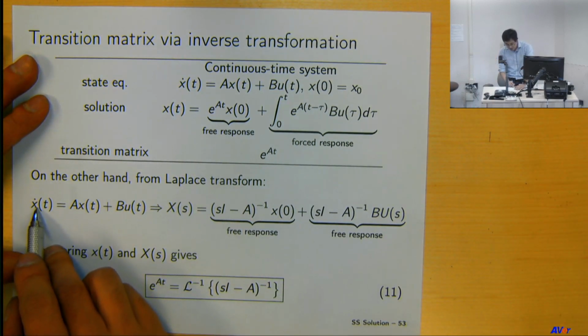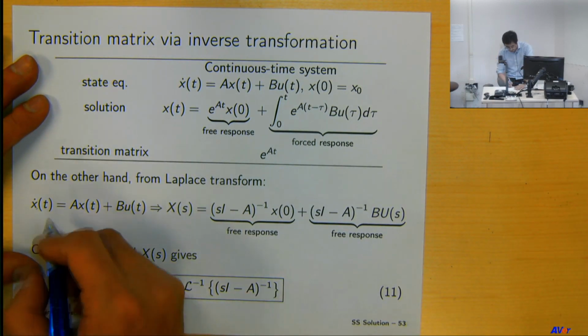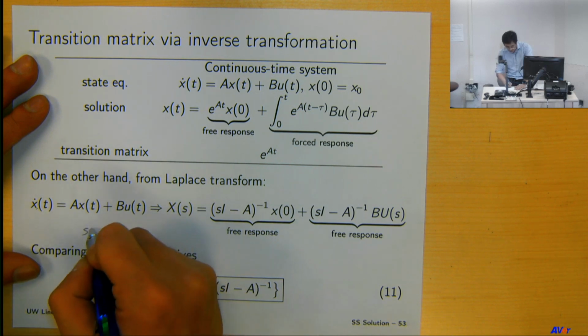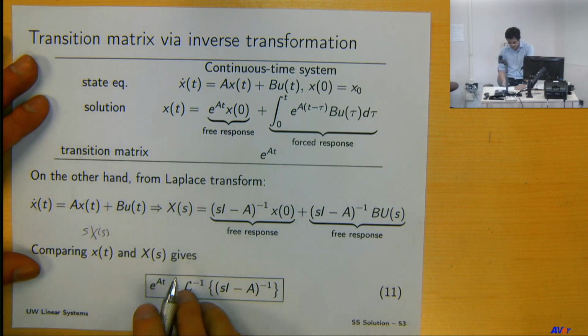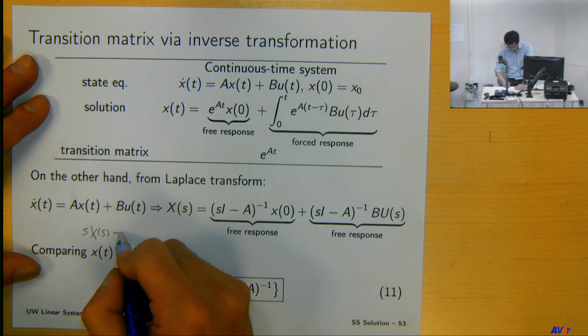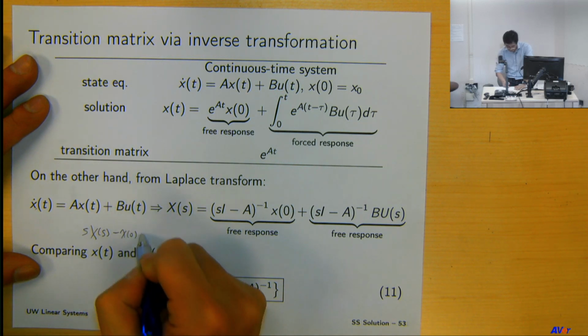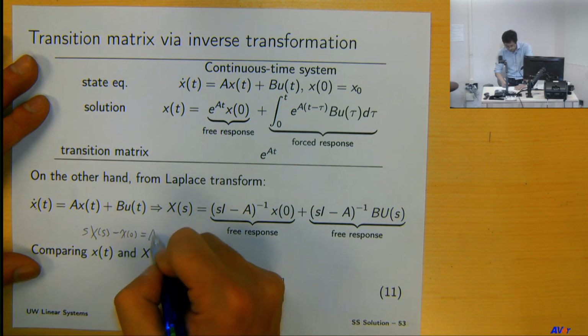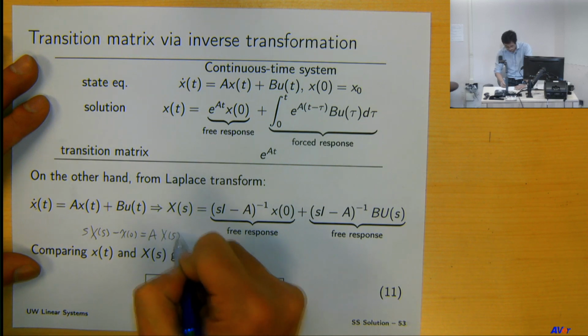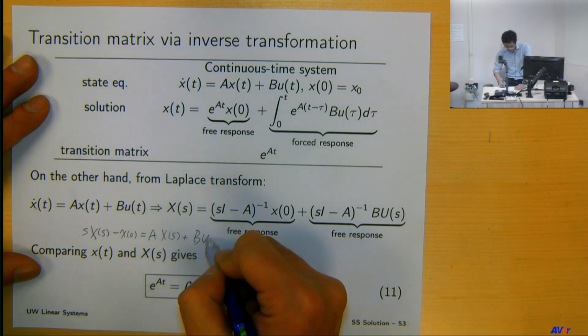The Laplace transform of this vector is going to be s times X(s) minus the initial condition, equals A X(s) plus B U(s).